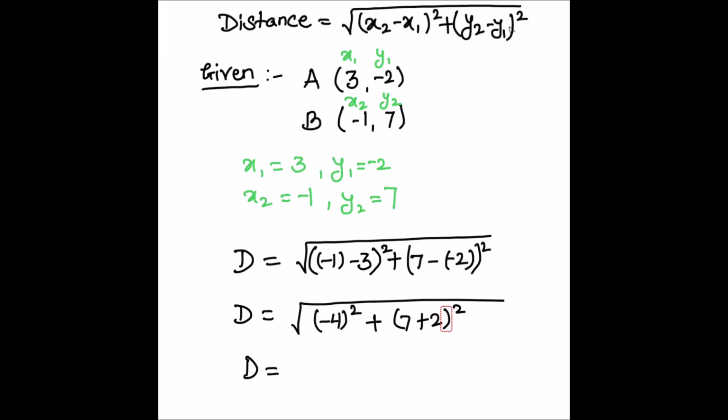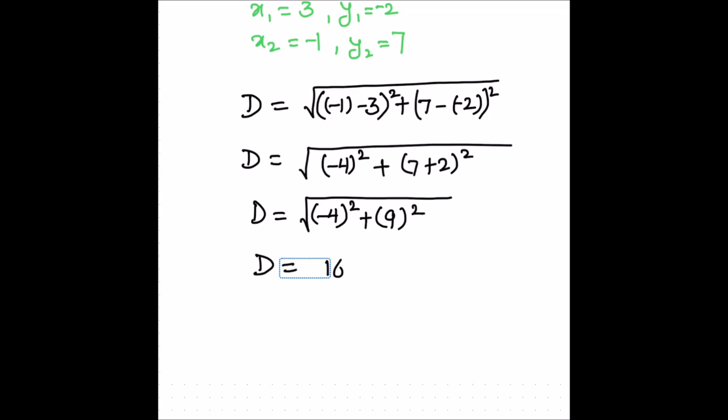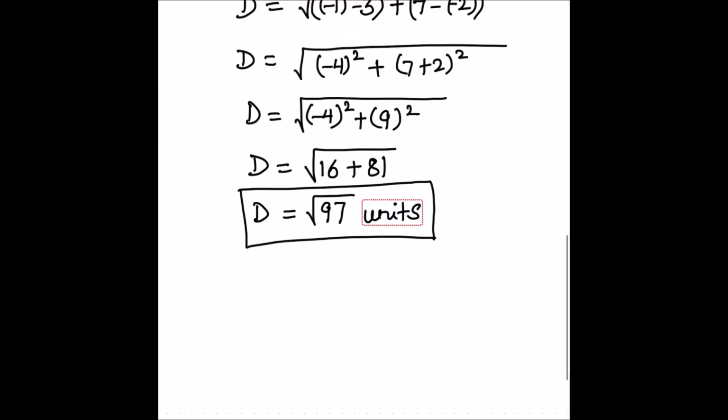So d will be equal to negative 4 whole square plus 7 plus 2, which is 9, whole square. Negative 4 whole square is 16, plus 9 whole square is 81, under the square root. So d equals square root of 16 plus 81, which equals square root of 97. This is our final answer.